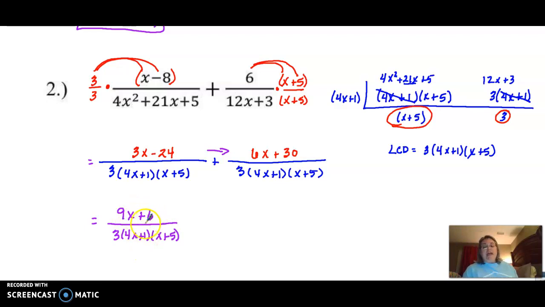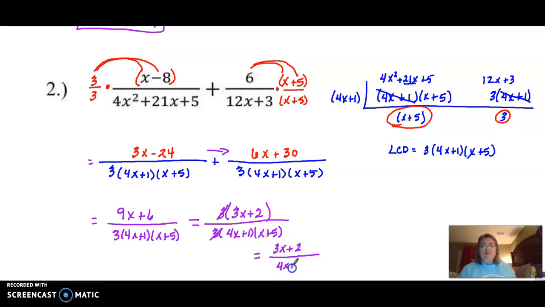Notice the top will factor. I can take a 3 out of the top. Let me move it over to the side, just because I'm running out of room. If I factor a 3 out of the top, I have left a 3x plus 2, and with my bottom I have a 3 and a 4x plus 1 and an x plus 5, these now cancel, leaving me ultimately with 3x plus 2 over 4x plus 1 times x plus 5.